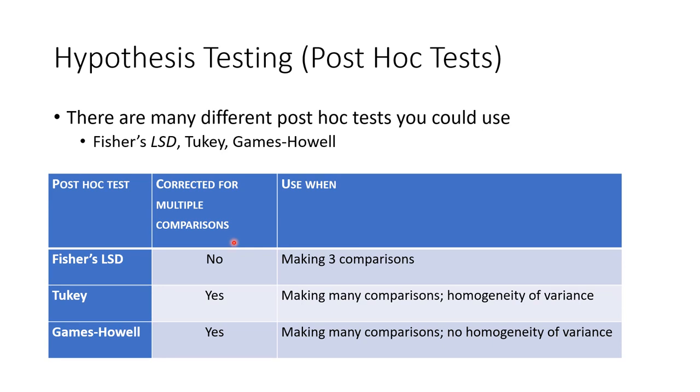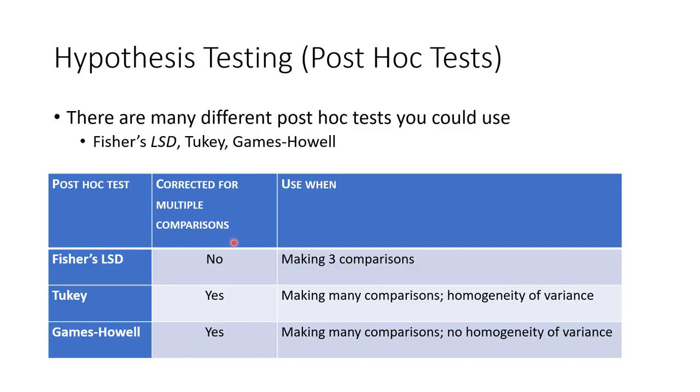The more comparisons you make, the higher the probability that you will find a small p-value just due to sampling error. Again, you can get a small p-value just due to sampling error, and the more tests you do, the more likely it is that at least one of them will get a small p-value just due to sampling error.